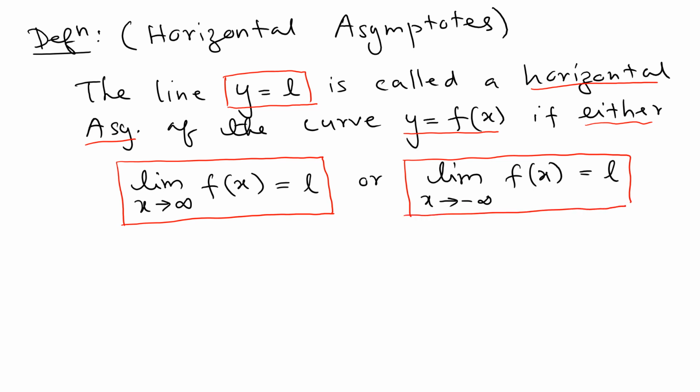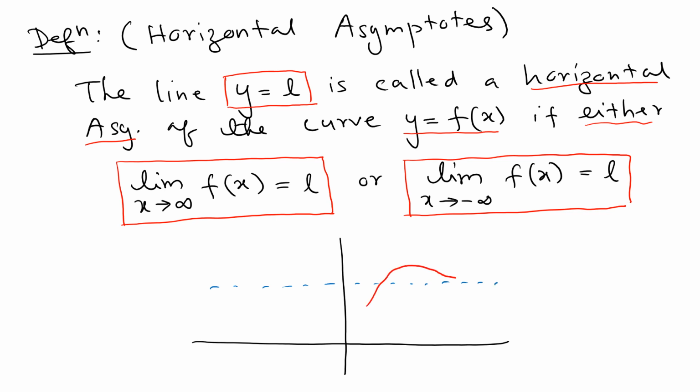You can see in a graph, this is the situation we are talking about. So we have this line. What should happen is that the graph, in at least one direction, reaches the value L as x goes to positive infinity, or when x goes to negative infinity.